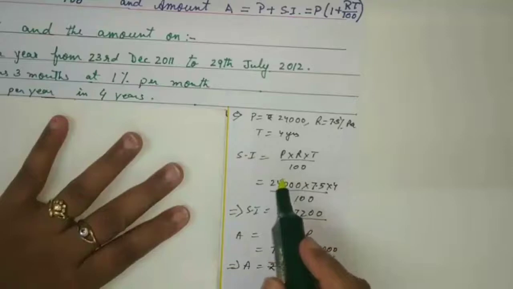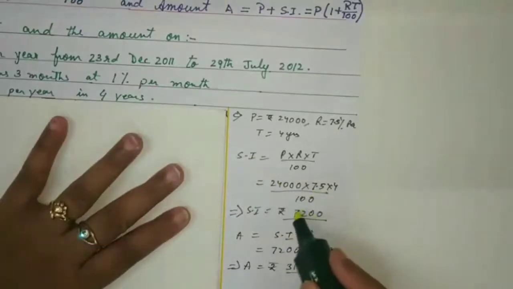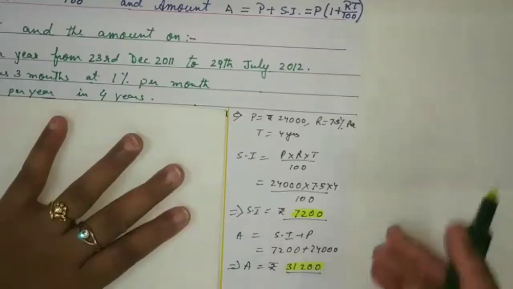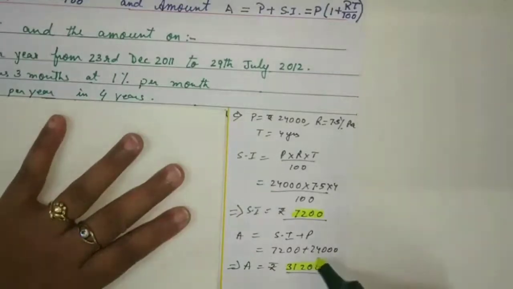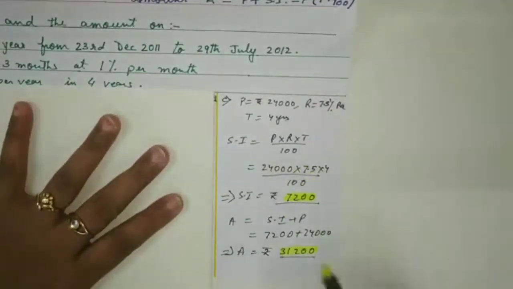We substitute 24,000, rate, time, and we get SI as 7,200, and amount is straight away add it and get the answer. This was simple. Okay. So, a direct question.